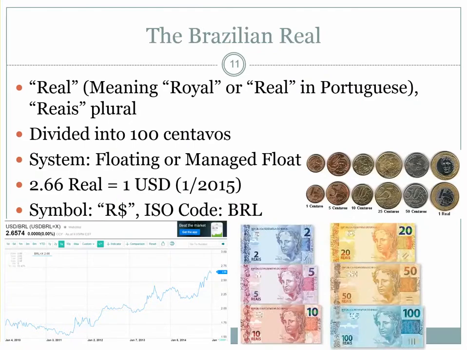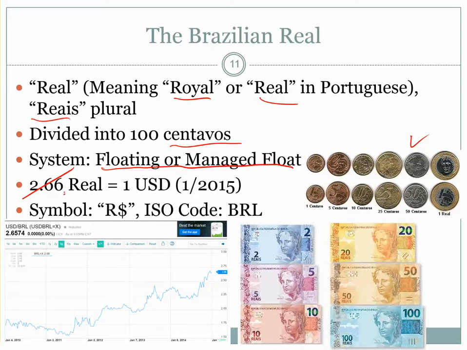Now the Brazilian real, just for example, real meaning royal or real in Portuguese, plural reais. It's divided into 100 centavos, and it's generally floating or a managed float. Here's their coinage. And as of January 2015, 2.66 real bought $1. But as of late March, the dollar has actually appreciated against many currencies.